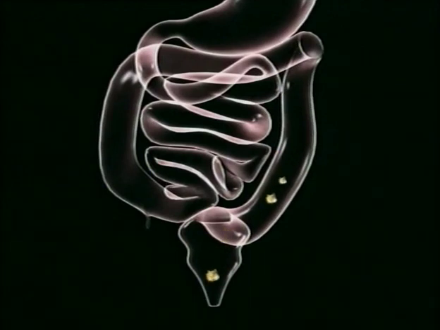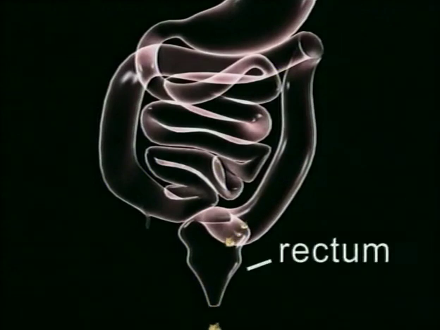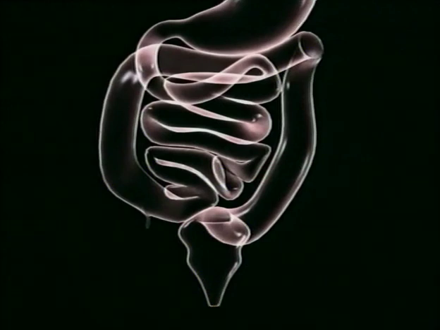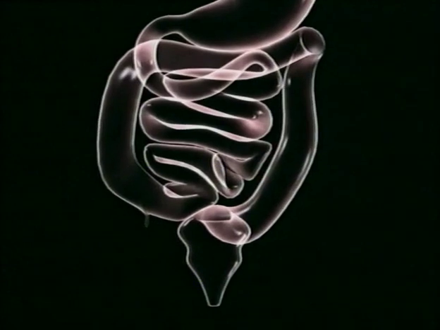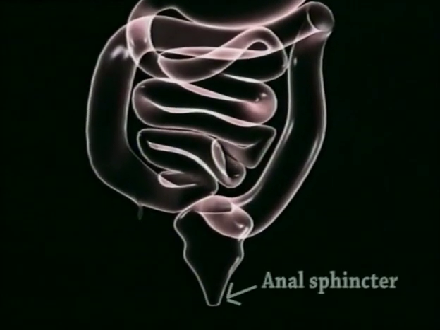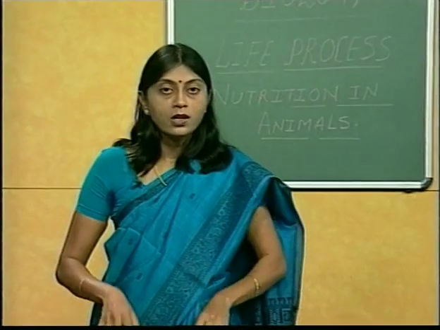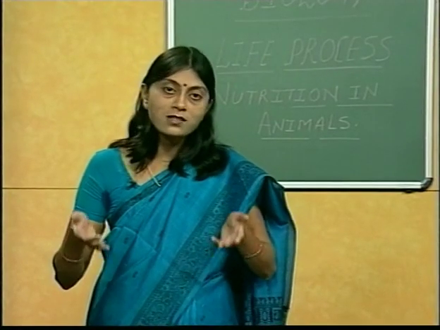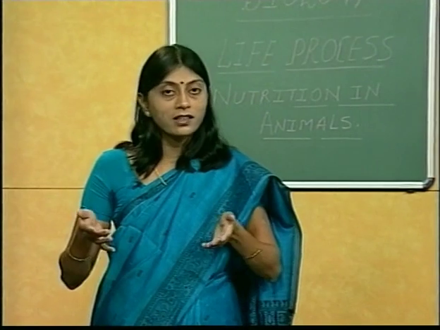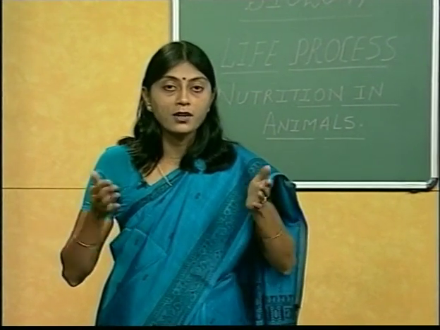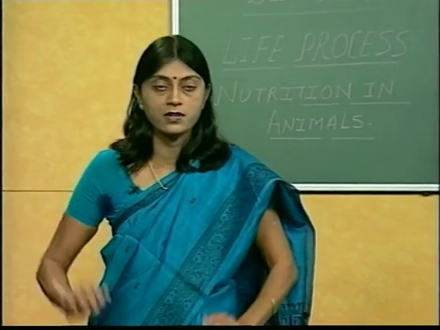Inside the rectum, this food is stored for some time, and then it is removed from the body through the anus, and this exit of undigested waste is regulated by the anal sphincter. That process is the last step of nutrition, and this is egestion, removal of undigested waste.